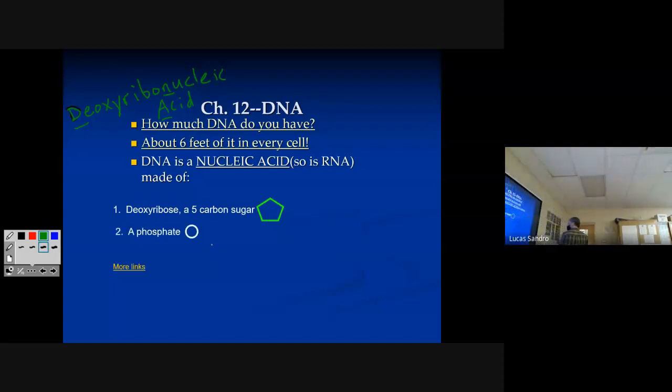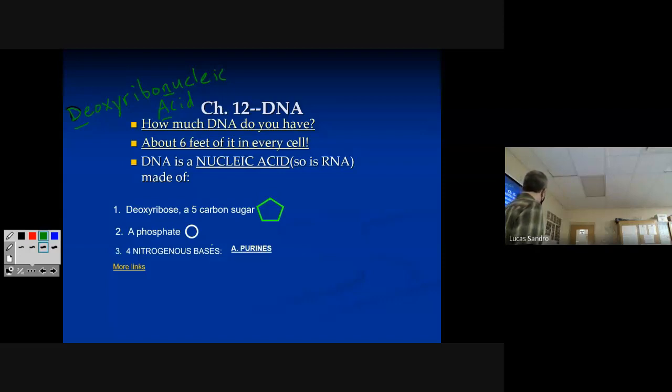There's always a phosphate, which is vaguely spherical. And then the code part. DNA is a code because in the third spot, there's 4 different things.